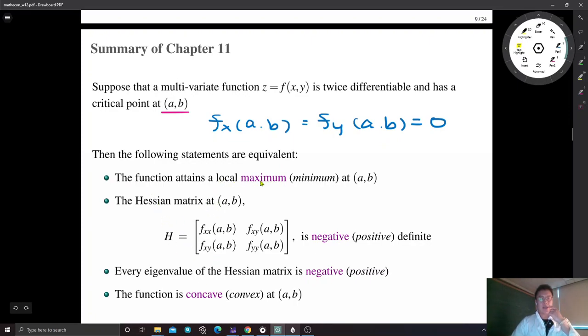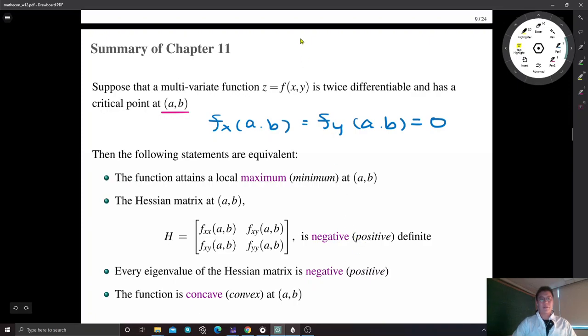If the function has a local max at this point, then the Hessian matrix must be negative definite. Equivalently, all eigenvalues of this Hessian matrix evaluated at (a, b), at this critical point, are negative. In other words, the function is concave. So these three or four statements are equivalent.